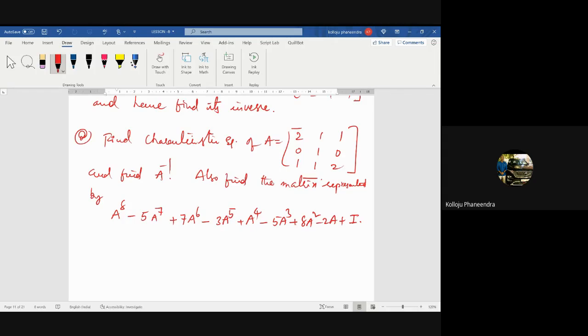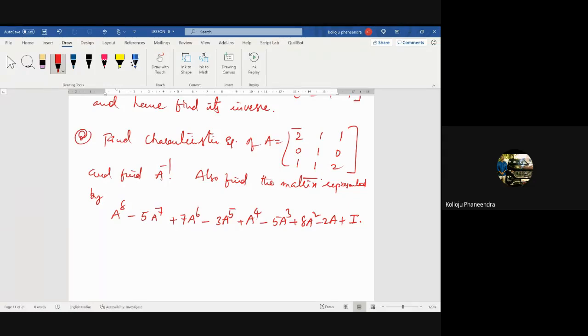Next question. All are the same. That's it. This is the Cayley Hamilton theorem. After this Cayley Hamilton theorem, we have linear transformation, orthogonal transformation, diagonalization of a matrix.